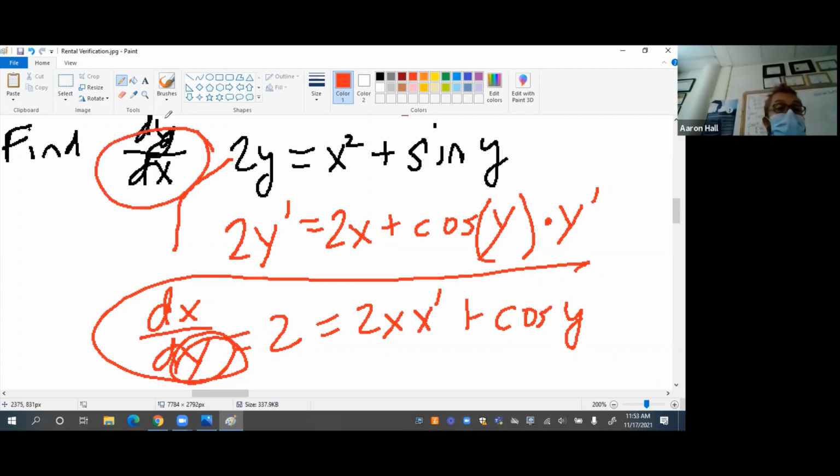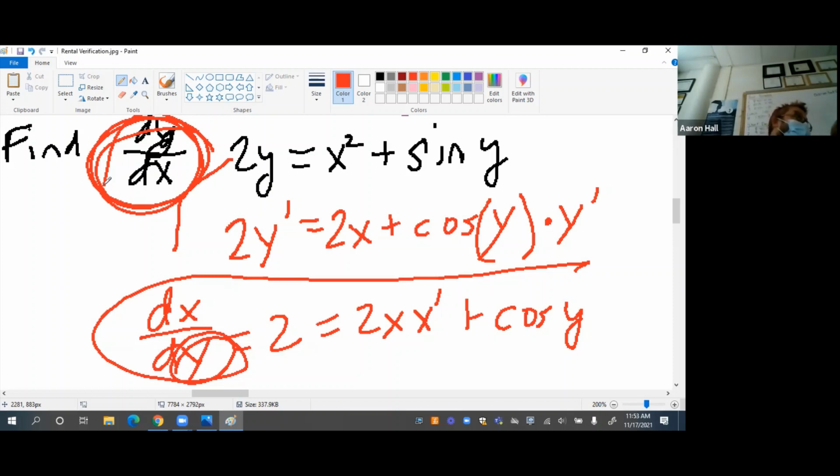But that's not what I asked you to find. I want you to take the derivative with respect to x. Think of the slope being different. If you're taking the derivative with respect to y and not x, your rise over run are different now. Your rise is going to be the difference between your x values, and the run will be the difference between your y values, right? Because you've just rotated the graph to the side.